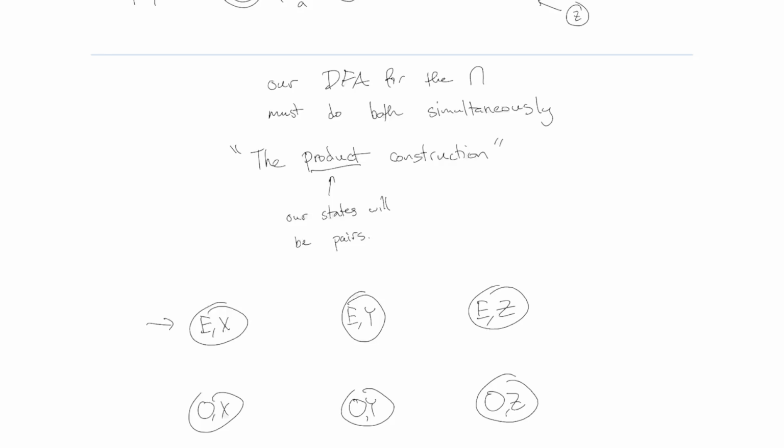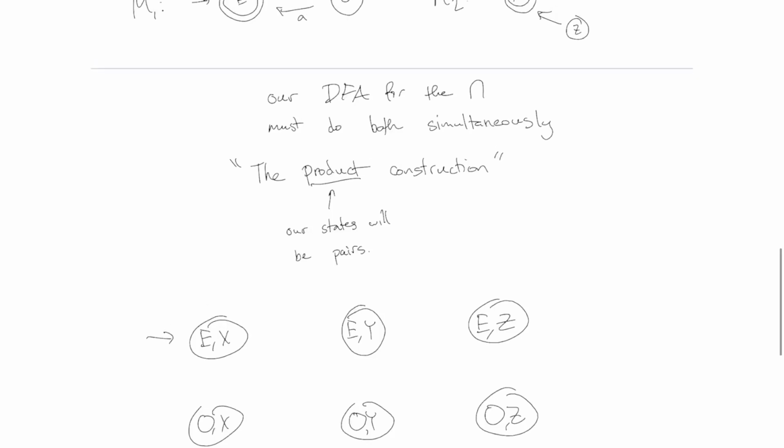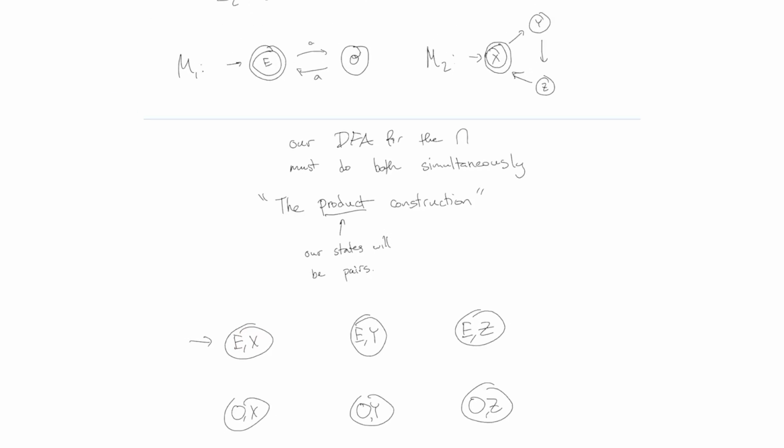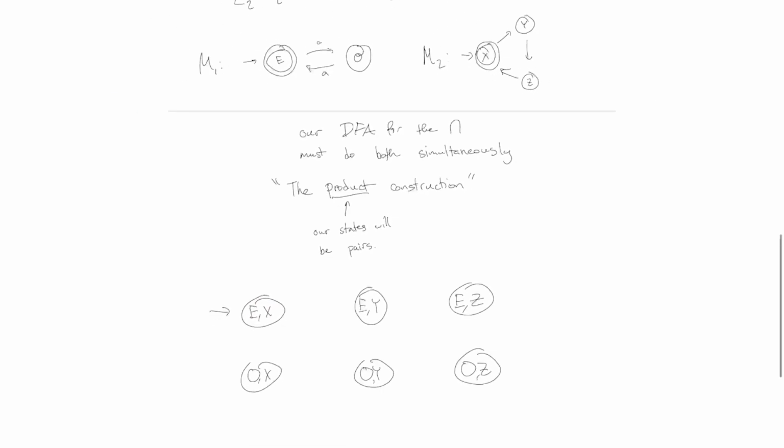Let's draw the arrows, and then we'll talk about accepting states. The arrow from EX, which is labeled A, we only have labels of A this time. Sorry, I never wrote labels on this one up here. These guys should all be A's. Anyway, EX. Where does the arrow go with an A?